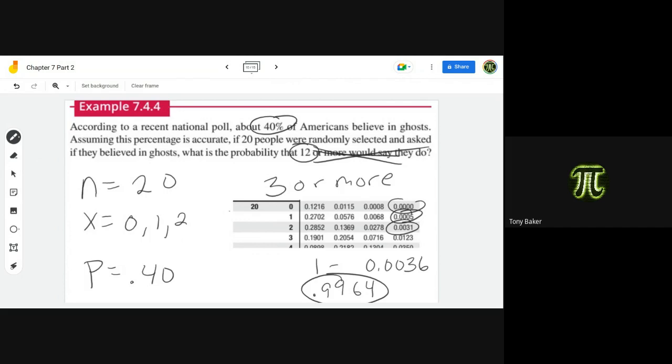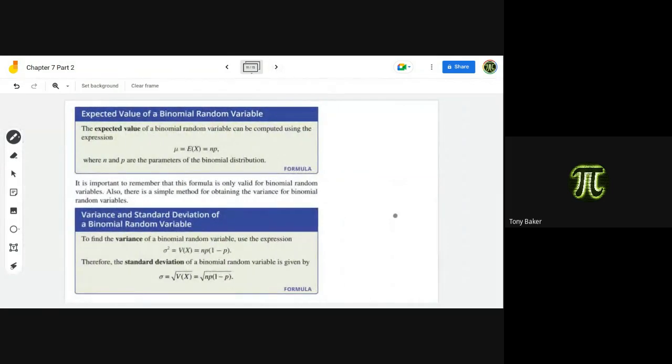Does that make sense? All right. Expected value and standard deviation. Don't worry, these formulas are way easier, and it's only using the letters you already came up with.